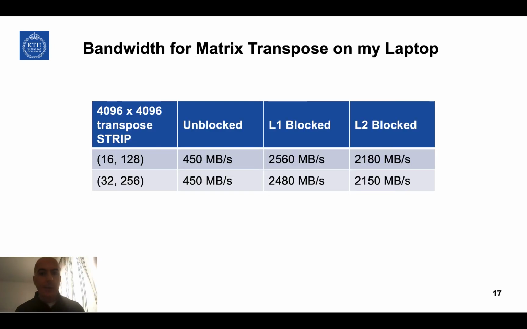Here is an example where I implemented a version of the transpose code using strip mining and reordering of the loops, and then I compared it to the performance of the naive implementation of the transpose operation. I chose a matrix that is 4000 by 4000, with a strip value, for instance, of 16 for L1.